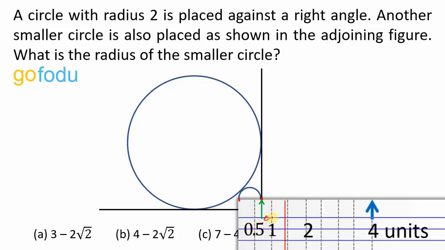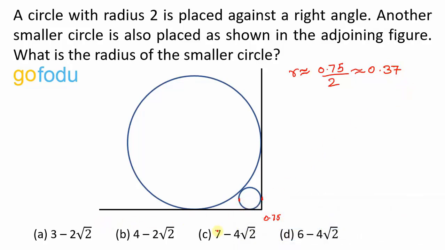We can say it is approximately 0.75 units, right? So the radius of this smaller circle will be half of the diameter. That would be 0.75 upon 2. This is approximately equal to 0.37 units.